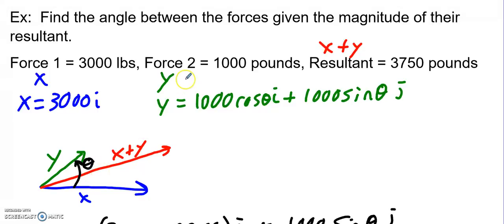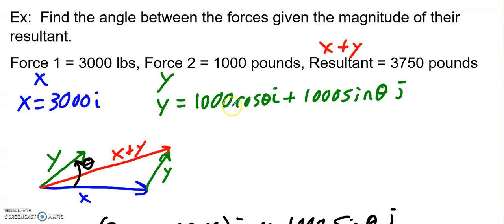Not exactly, but since this is larger than either of these individually, I know that they are going in relatively the same direction, because if I add two vectors and get a smaller resultant than one of the two vectors, then maybe y was going off in this way or down this way, but they have to be going relatively in the same direction. And again, if I was to just show the actual addition, this is also vector y, right?